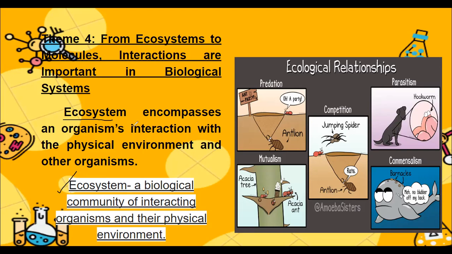Okay, so according to our theme 4, molecules interact with organisms. So, the regulation of biological process is important for the operation of living things. The chemical process of the cells are mediated by active proteins called enzymes.